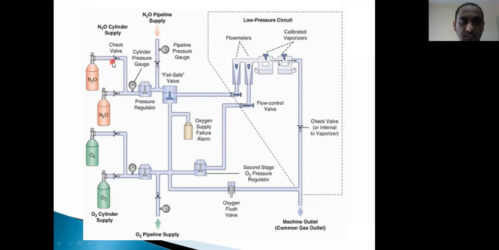These cylinders, this check valve, the cylinder pressure gauge, and the pressure regulator are all part of the high pressure system. These contain pressurized gases, and the exact pressure helps us to know how much gas is remaining in the cylinder. So we have the pressure gauge, then we have the pressure regulator.